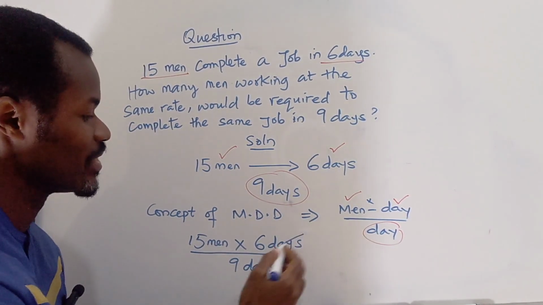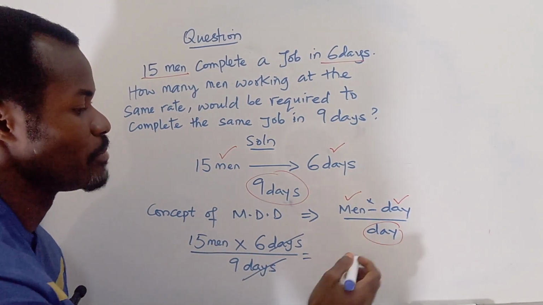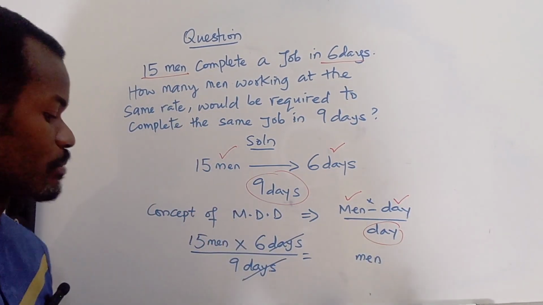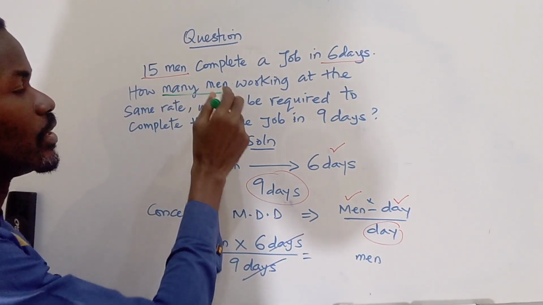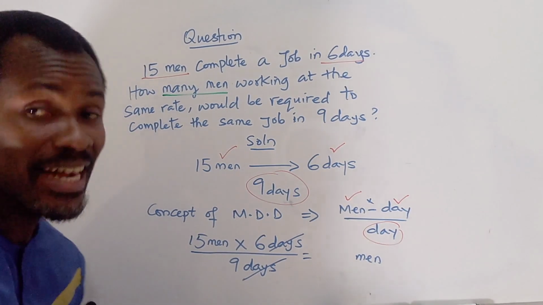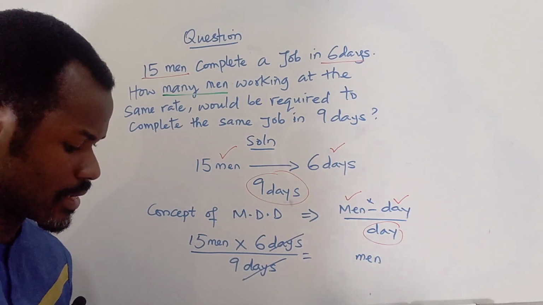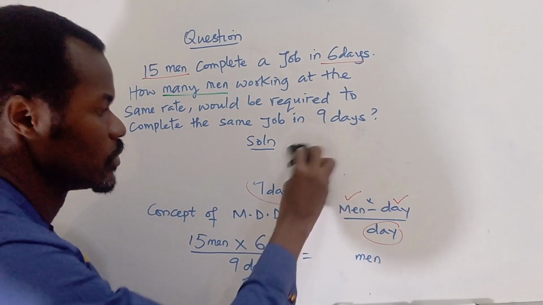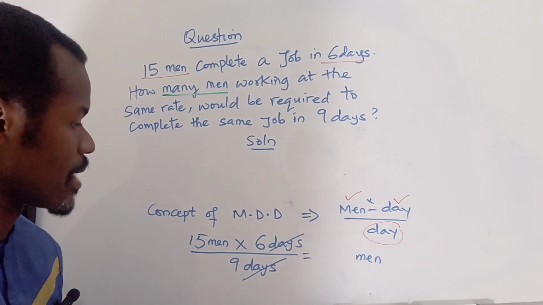So this is going to cancel out this, and we are left with men, because the question says how many men. We are looking for the number of men that will do the same work at the same rate. With this left, we can now do a simple division and multiplication.